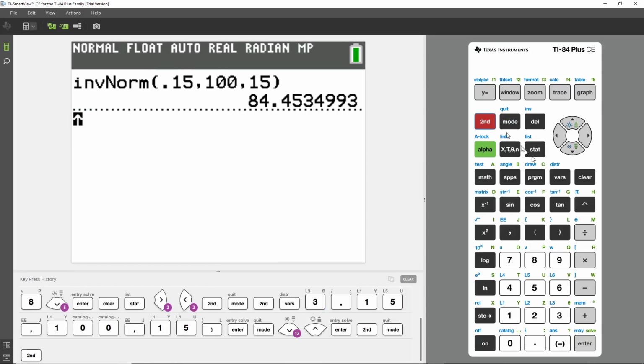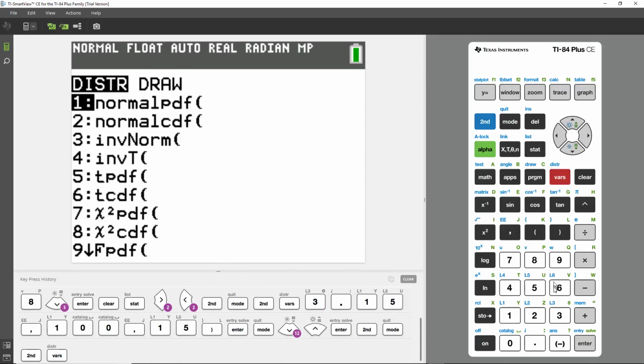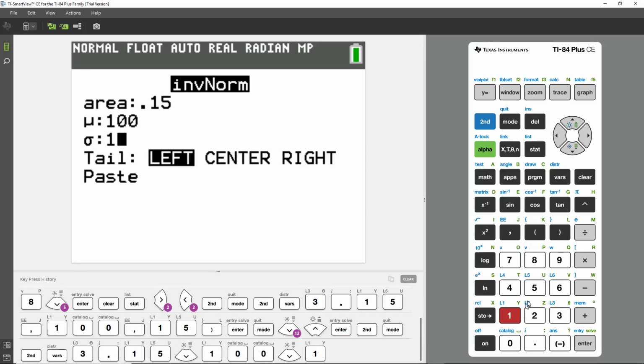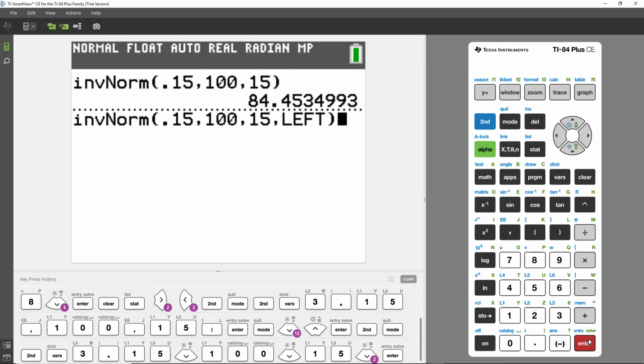And now when I go back to second, distribute, and number 3, they're going to prompt me. The area to the left is 0.15. The mean is 100. Deviation 15. And then I'm just going to paste in my answer there. Okay. So inverse norm accepts 3 values: the area to the left, the mean, and the deviation.